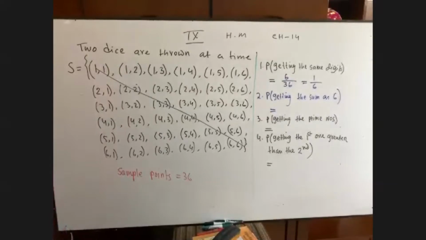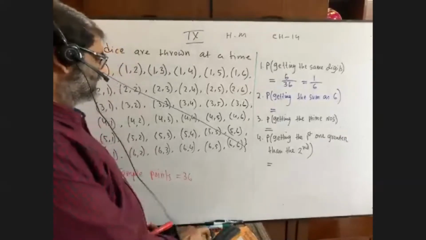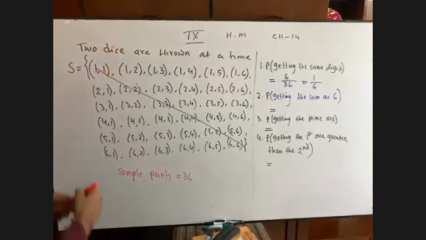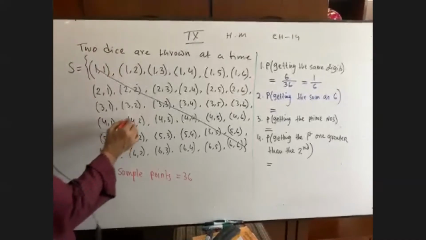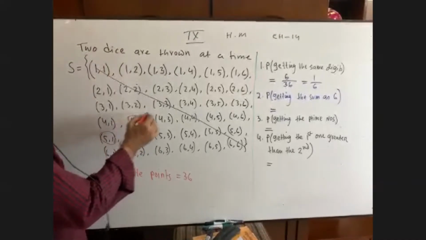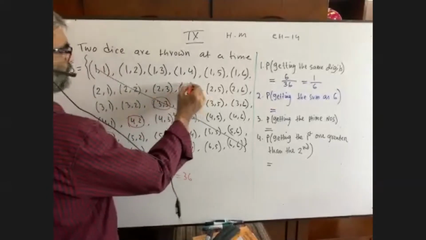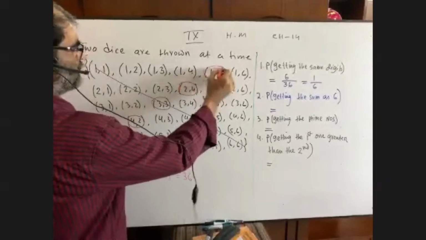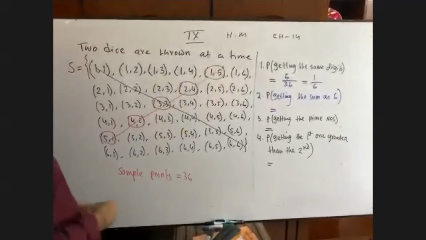Okay, so have you done it? Getting the sum as 6. What is meant by this? You see, this is 5 plus 1, 6, 4 plus 2, 6, 3 plus 3, 6, 2 plus 4, 6, 1 plus 5, 6. Along this line, the sum is always 6.